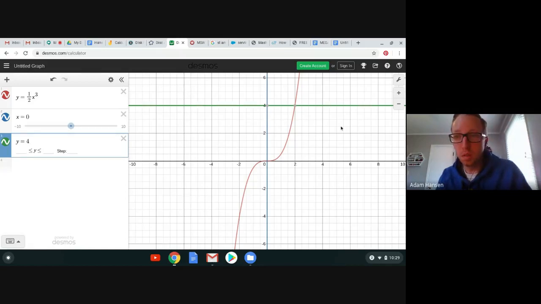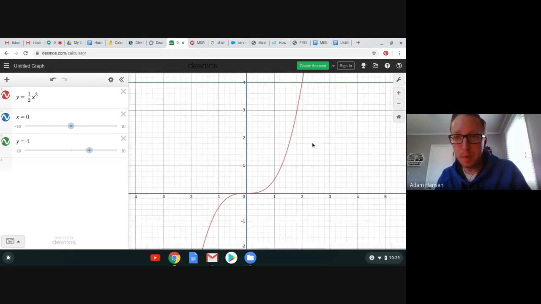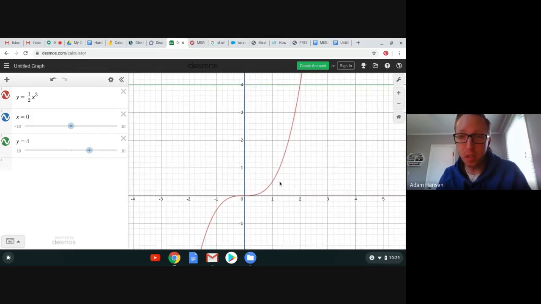Be careful on which region we pick here. Sometimes people will be tempted to say that we're rotating this region, but actually we're rotating this region in the top corner because that is the region bounded by all three of these functions, these given equations.